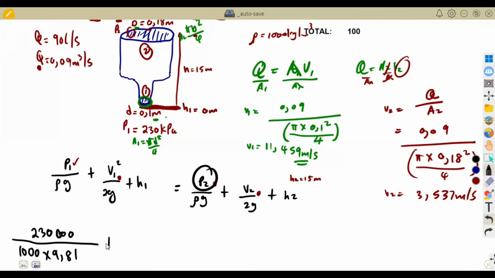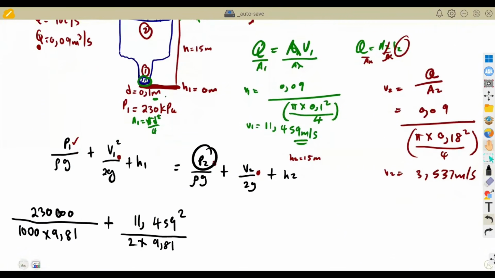So we calculated the velocity, the V1 is 11.459 squared over 2 times the gravitational acceleration again of 9.81. So H1, remember we said at the beginning there, the height is at 0. We are starting, guys, so the height starts at 0. So this is equal to P2, the one that we are supposed to calculate, over the same thing. Our density is a repetition as the previous case, times 9.81.